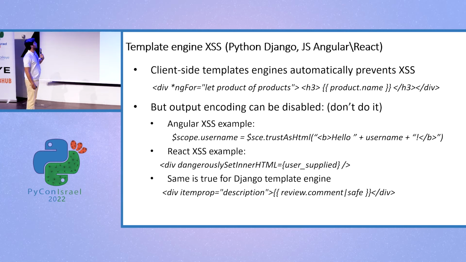Even if you use frameworks like Django, or even if you have a front-end framework like Angular or React in place, developers can bypass the built-in defense if they want to. In Angular, there's the trust as HTML function. In React, you have the helpfully named dangerouslySetInnerHTML function. And in Django, there's the very unhelpfully named filter safe.